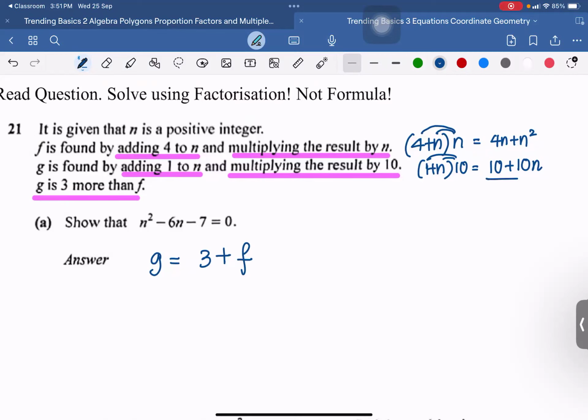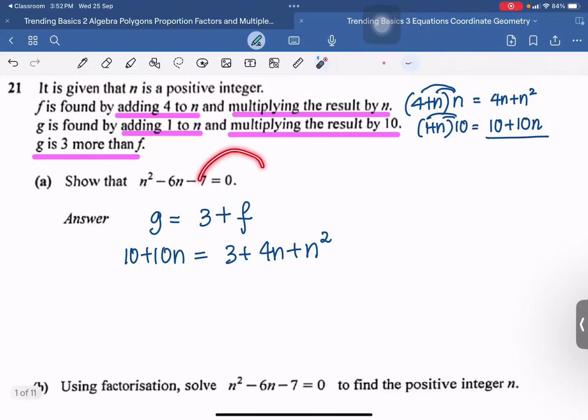Now we replace it by all the letter n. So G is 10 plus 10n, and F is 4n plus n squared. Once I have this, I will try to make it equal to 0. I'm going to shift everything over to the other side, because n squared is positive.